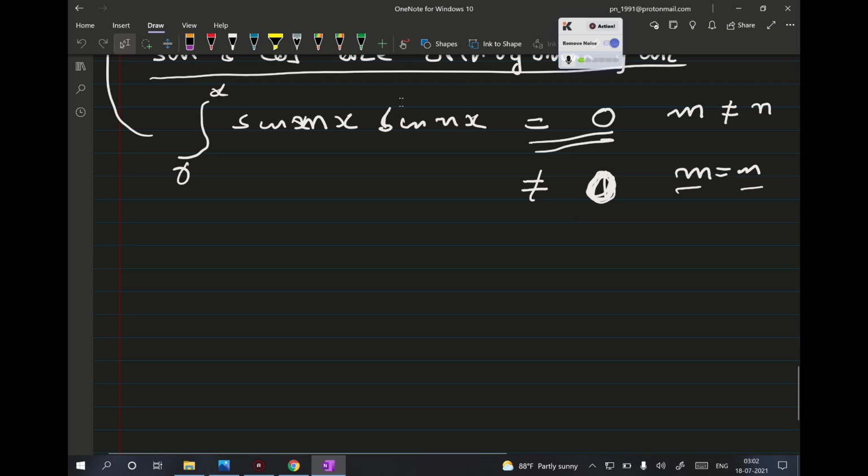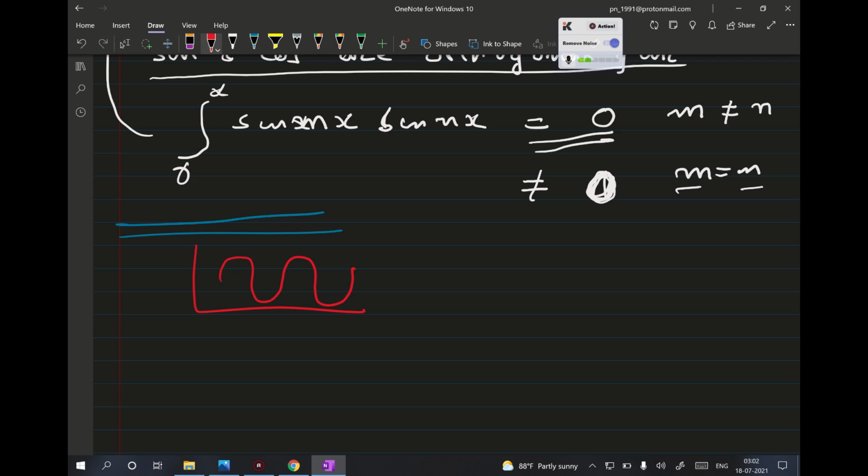If you remember, a couple of minutes back I discussed that if we have a sine function and we check the Fourier transform, we get the response at one particular frequency only, right? At one particular point, and everywhere else we get 0.